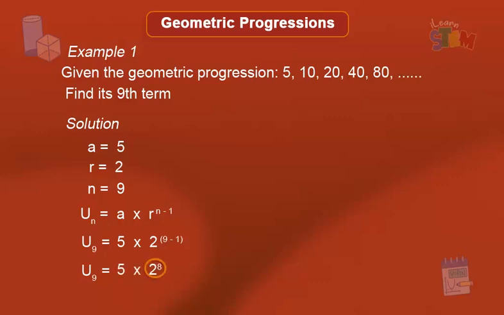Solve 2 raised to power 8 with your calculator. The result is 256. 256 times 5 is 1280. Therefore, the ninth term of the GP is 1280. Let us look at another example to boost our understanding of this concept.